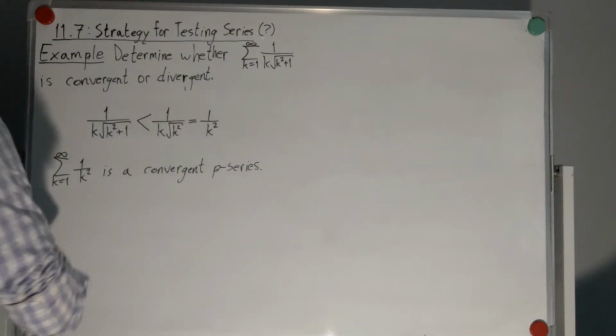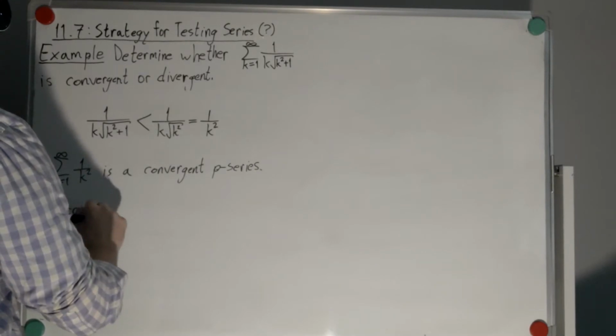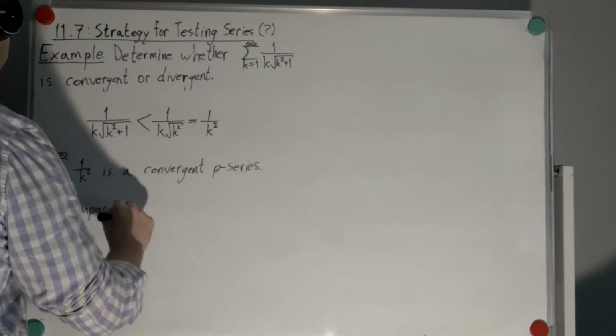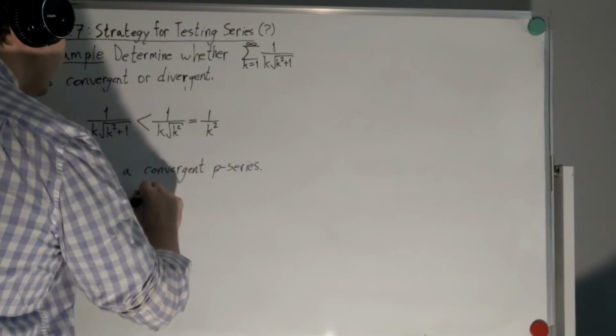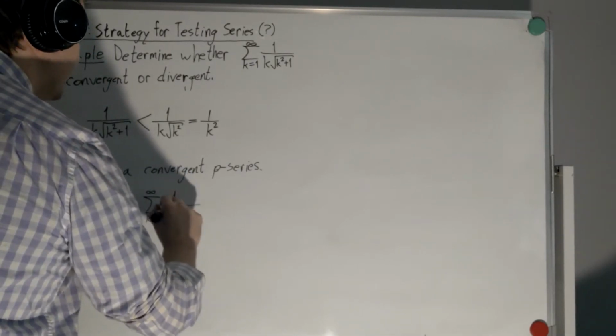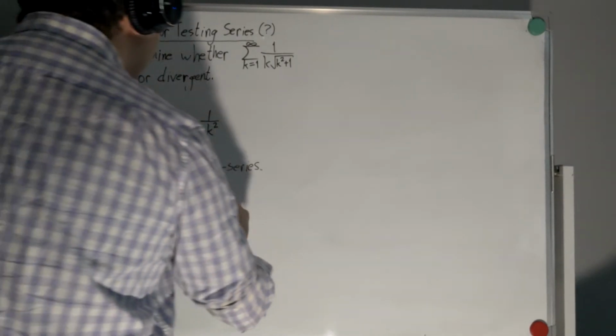So, by the comparison test, the sum from k equals 1 to infinity of 1 over k times the square root of k squared plus 1 is convergent.